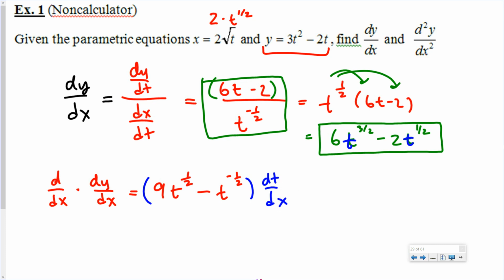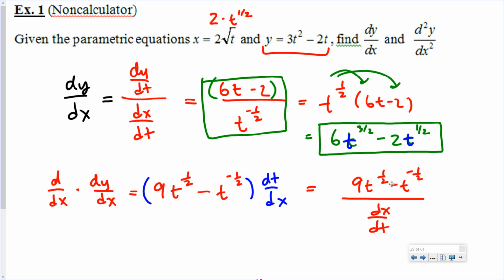So another way to write this would be 9t to the 1/2 minus t to the negative 1/2, all over dx/dt. Right? Because if I took this, dividing fractions easy as pi, flip the second and multiply, I'd get this back.